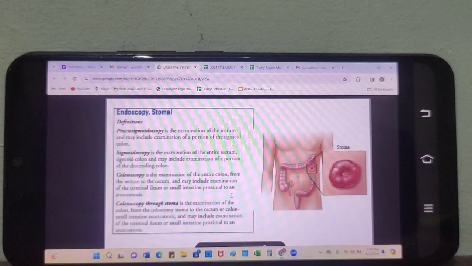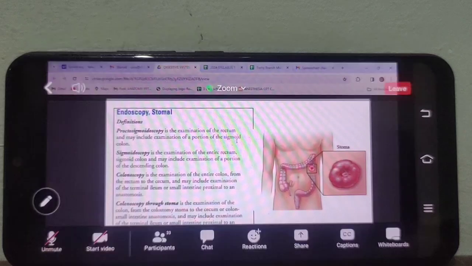Then this is a definition. This definition is also present in our CPT book. So for proctosigmoidoscopy, proctosigmoidoscopy means examining the rectum and a portion of the sigmoid colon.